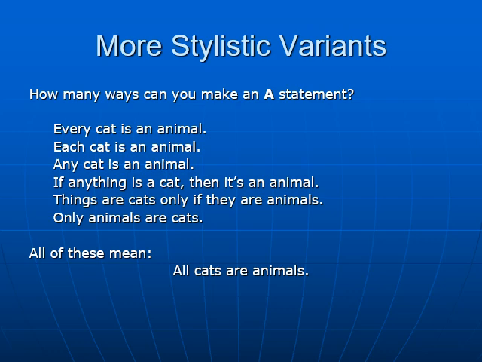Mostly, for things like this, it's just a matter of getting used to it and thinking it through. Now I've given you a number of examples for A statements, but there are stylistic variants for E and I and O statements as well. And to get used to them, I'd like to recommend something.